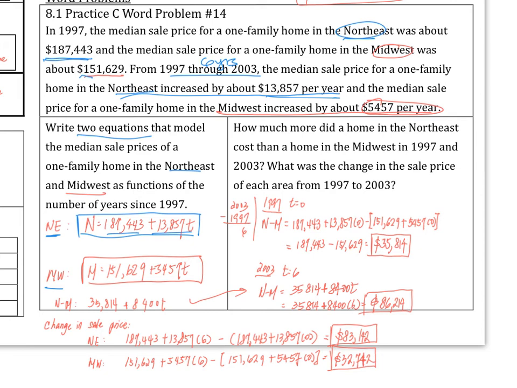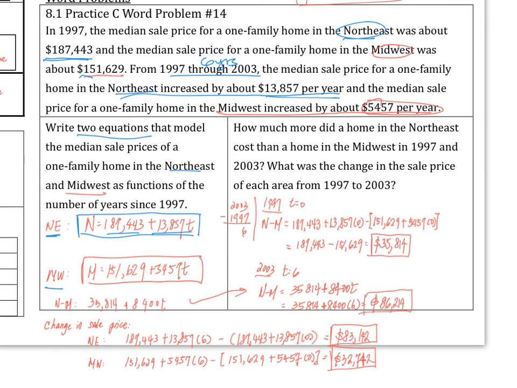Now we need to calculate two amounts here. So in 1997, the time is 0. So I can take n and subtract m. In the first part here, I did a lot of work for you. I substituted 0 in for t for both functions, and then I had to distribute the -1.